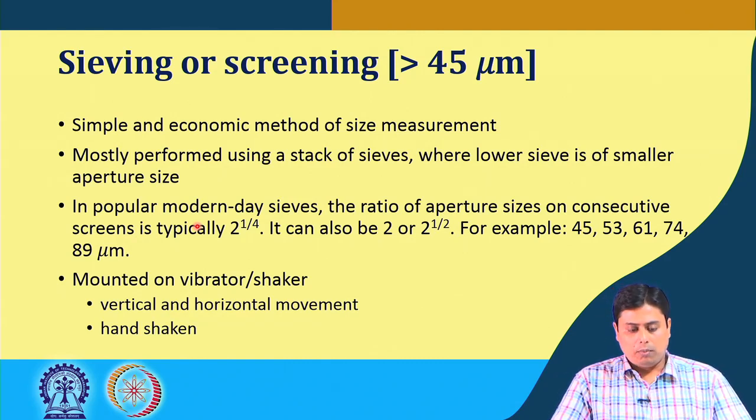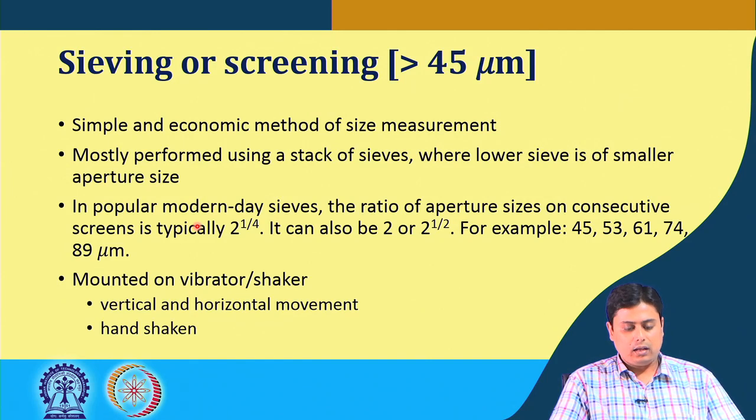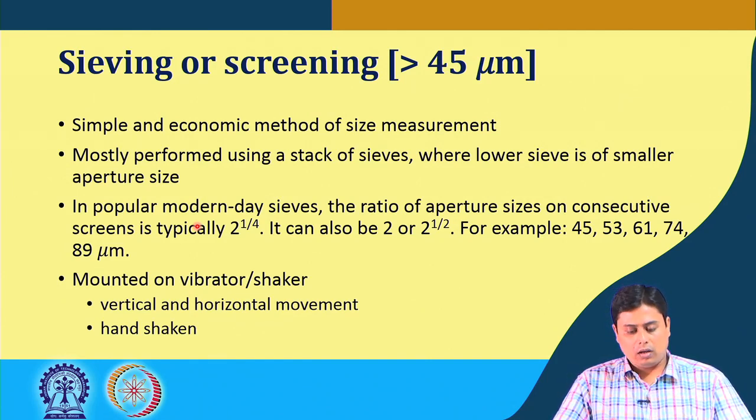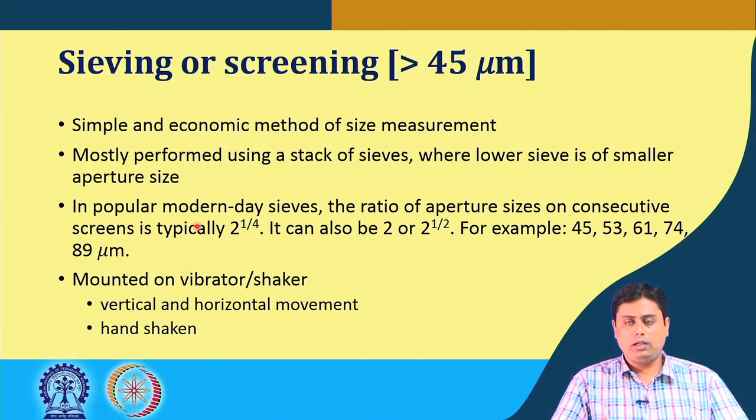So, the point here is that some amount of solid particles goes through the aperture if those are smaller in size than the aperture size, and those that are bigger are retained as the overflow of the strainer or the screens, and whichever passes through the screens we typically call the underflow.